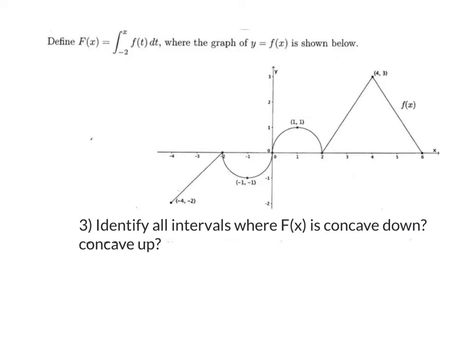So the next question says identify all intervals where the capital F is concave down and concave up. But remember from section 4.3, we know it's concave up and concave down if the second derivative is positive and if the second derivative is negative.